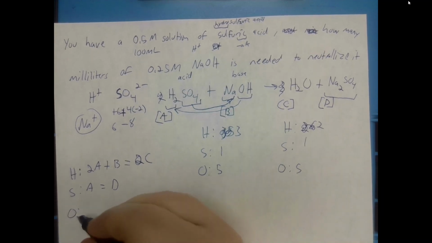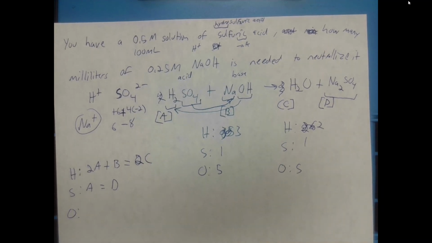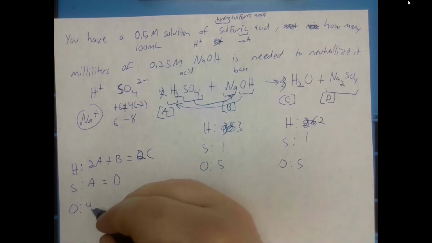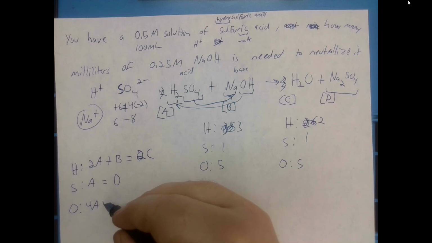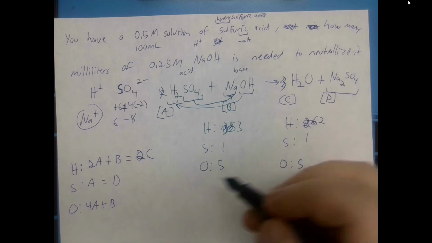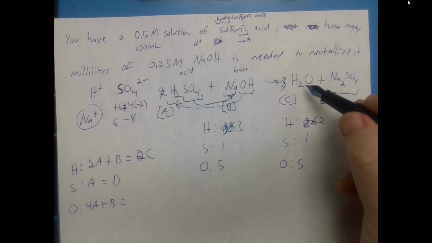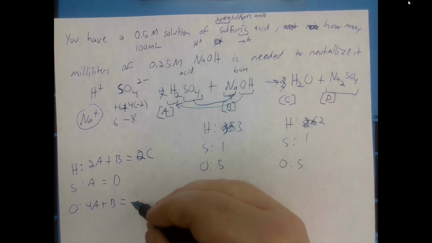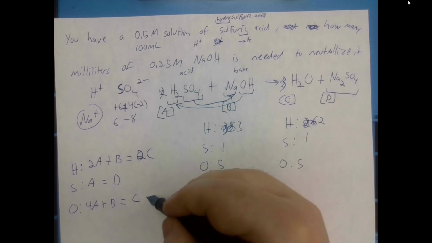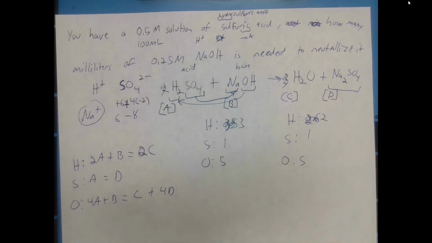For the oxygen, I have 4 times A plus whatever B is, so if A and B are 1, that's 5. And over here, that would have to equal C plus 4 times whatever D is.